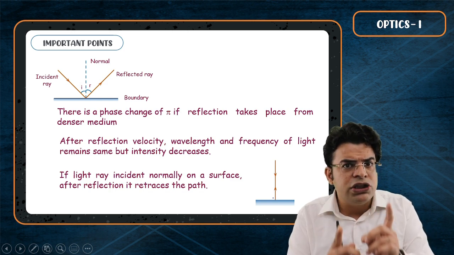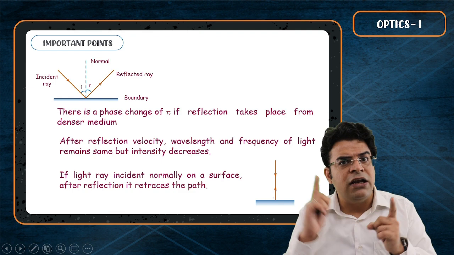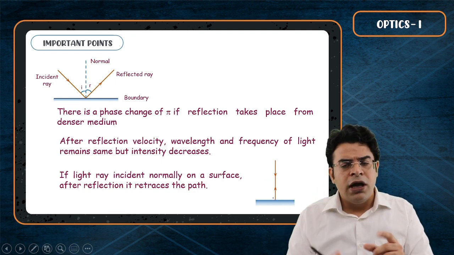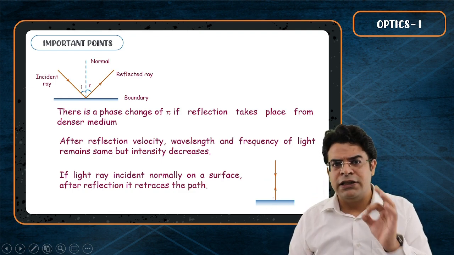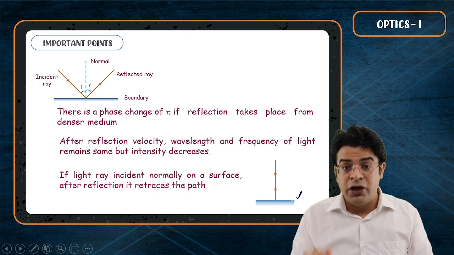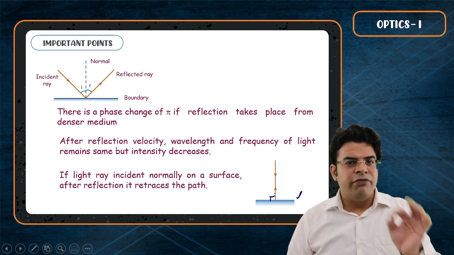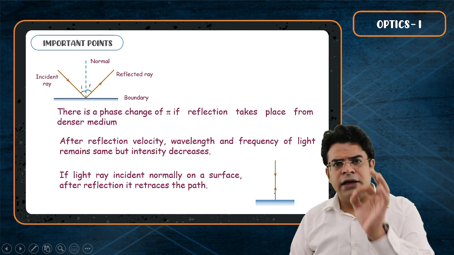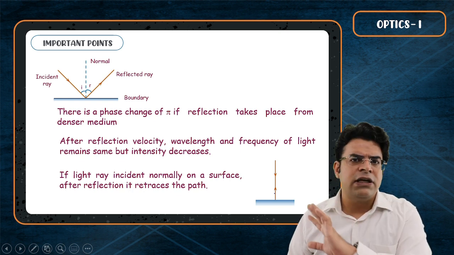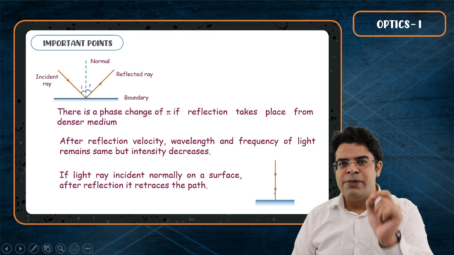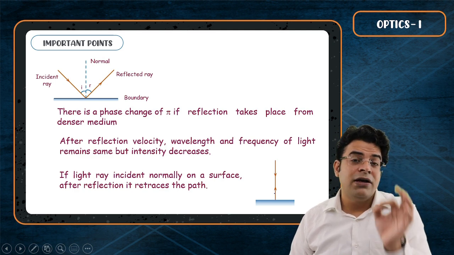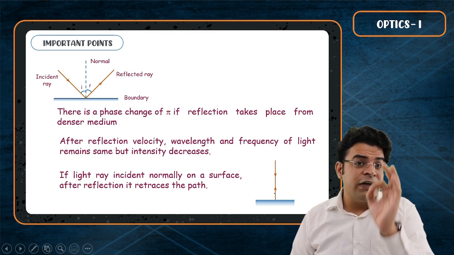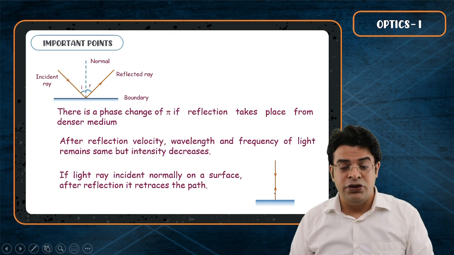So every time you find this, just make sure that the ray must be hitting a mirror normally. It means that the angle of incidence when it hits the mirror is 0.